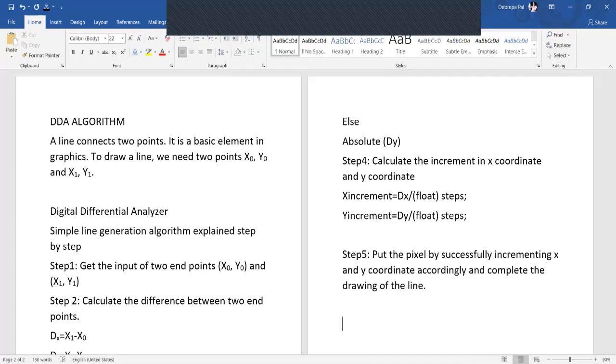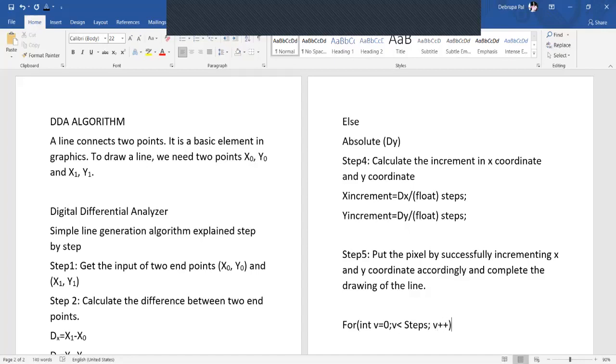Now we write it as for integer, we will take an integer variable. We will initialize the integer variable with 0. Here it is steps. What is steps? We have already explained in step 3.